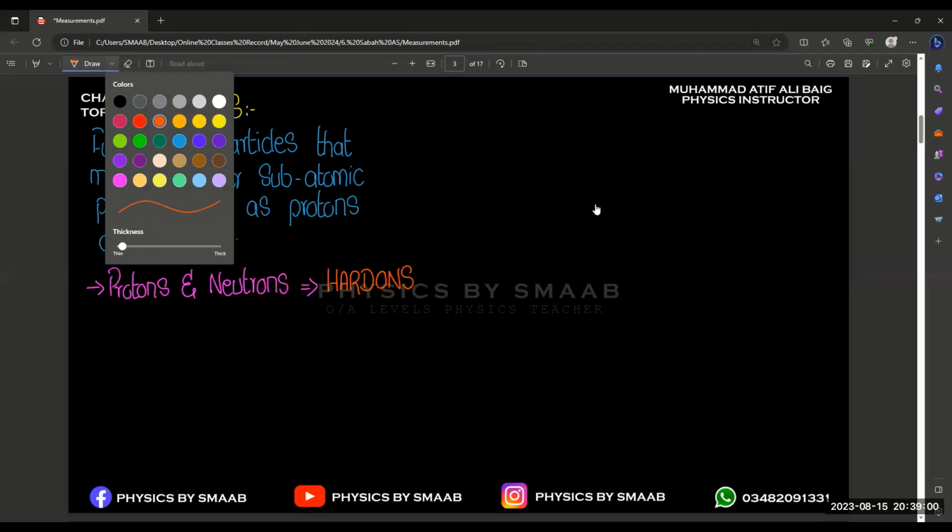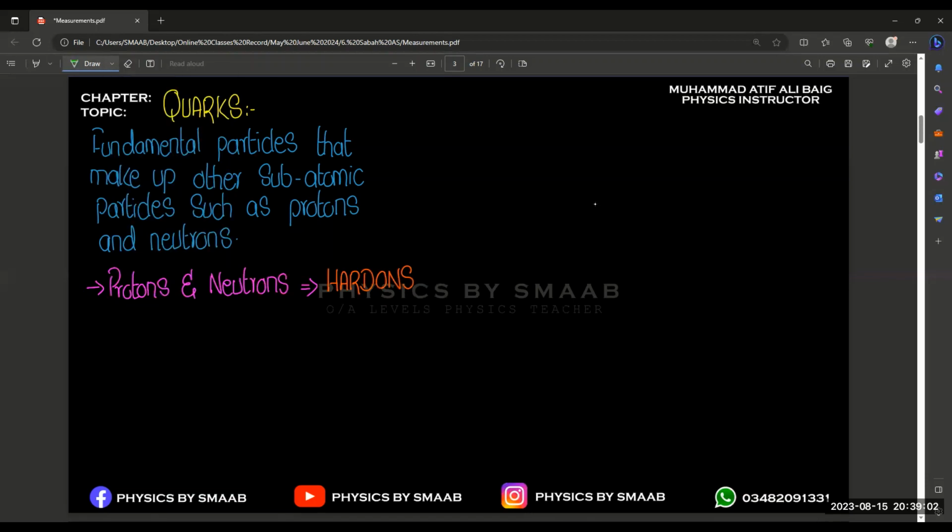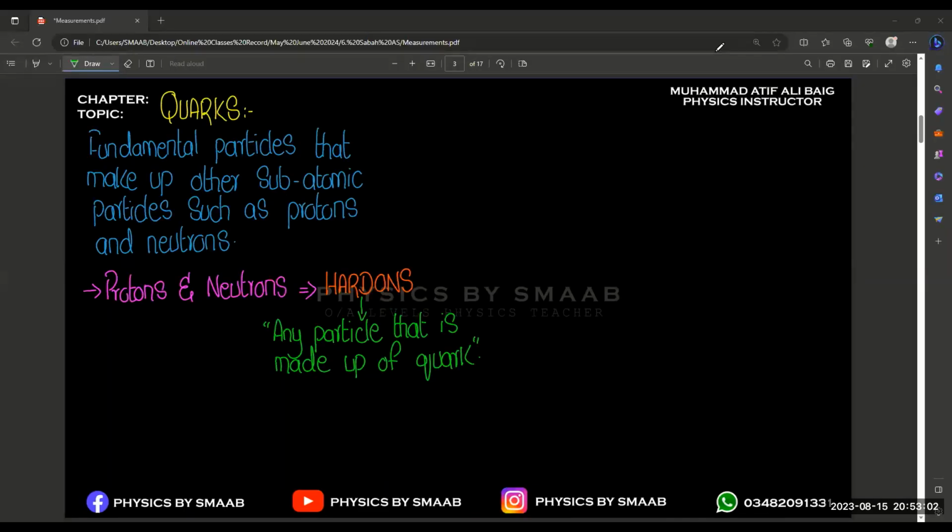And if we want to define the hadrons, we can easily define them as any particle that is made up of quarks, right? Okay.